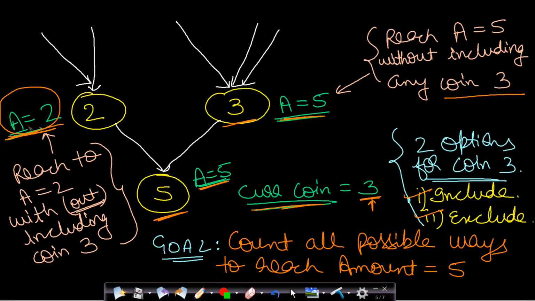So if you can reach this amount 2 with or without including coin 3 in two possible ways, and if you can reach this amount 5 by not including any instance of coin 3 in 3 possible ways, then in how many possible ways can you reach this amount 5 by using the current coin equal to 3? So if you do not include this coin 3, then you will have the same amount to be found, and the same amount to be found without using coin equal to 3.